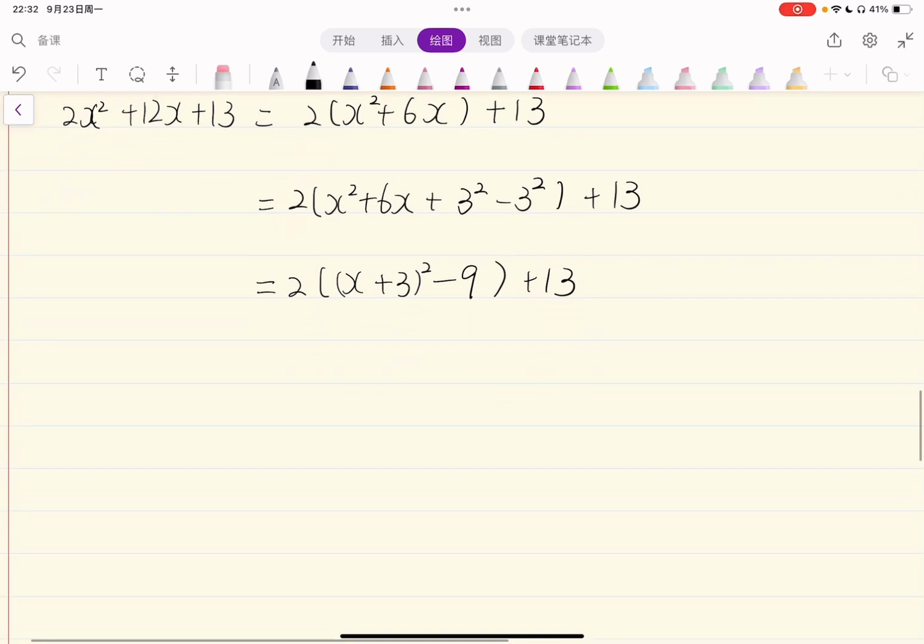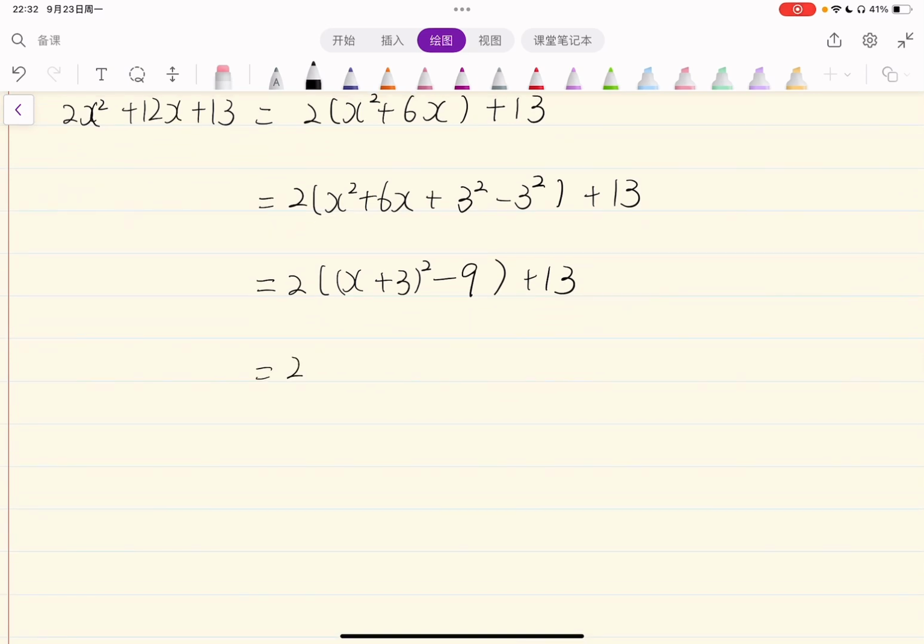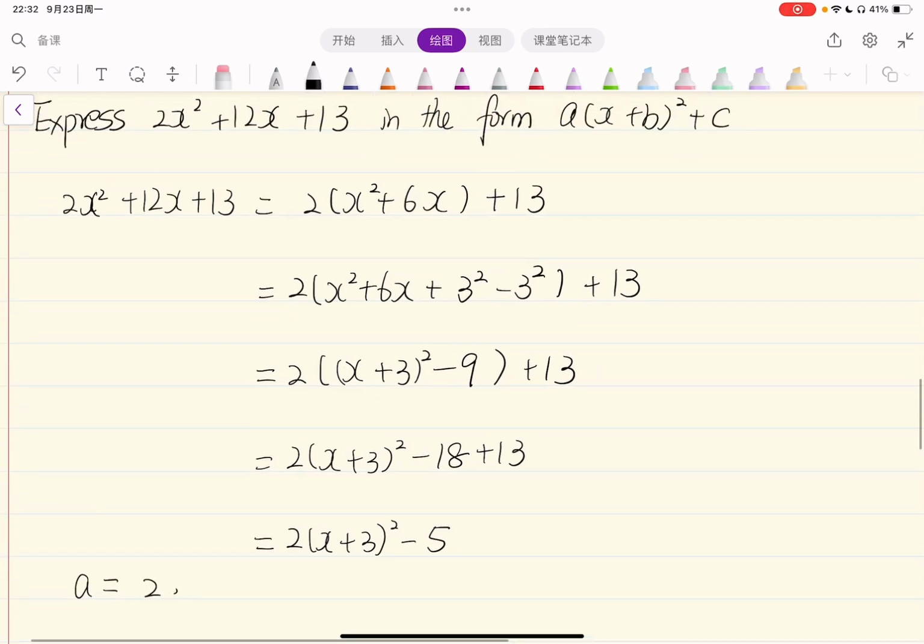Take 9 out of the bracket, so we have 2 times x plus 3, squared, minus 18 plus 13, equals 2 times x plus 3, squared, minus 5. So we have a equals 2, b equals 3, and c equals minus 5.